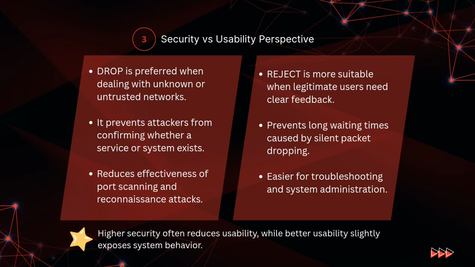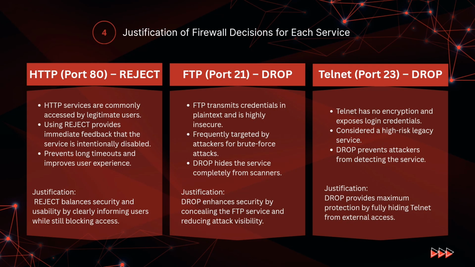While using reject improves usability by providing clear and immediate feedback, making troubleshooting easier, it slightly reduces security by confirming that the system is actively blocking traffic. Therefore, the choice between drop and reject depends on the risk level of the service and the type of users accessing it.